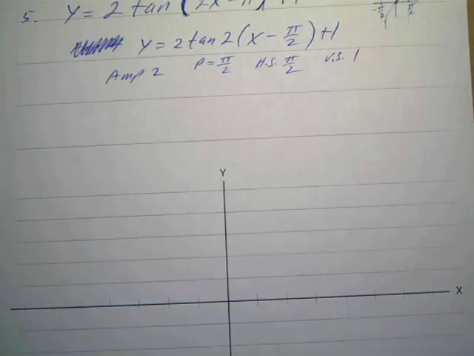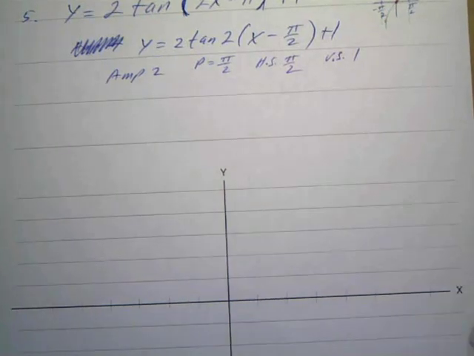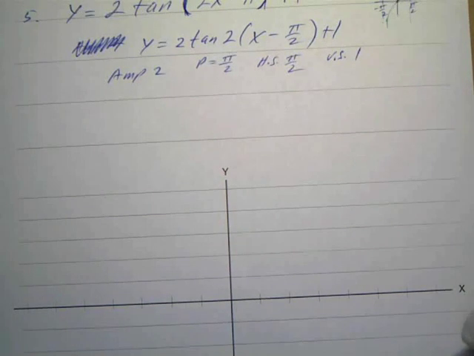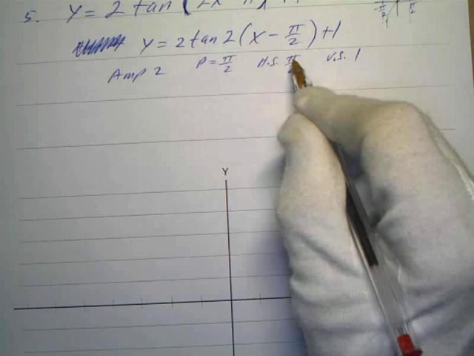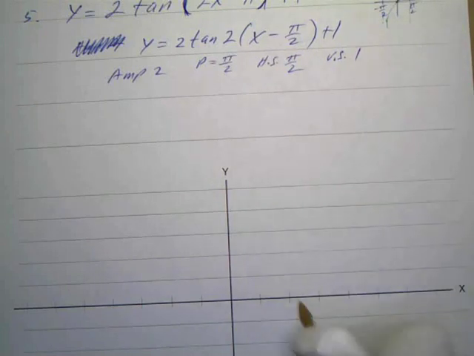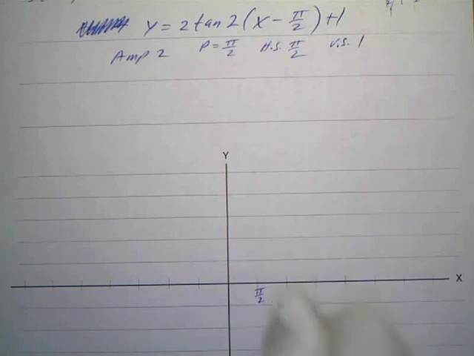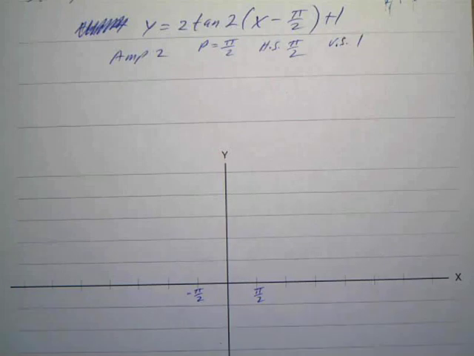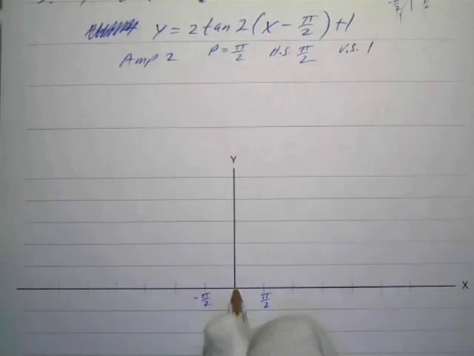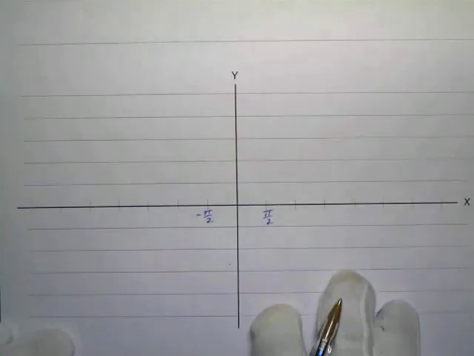Okay. So the period is going to be pi over 2, so let's take a look at the shift first. So let's call these pi over 2 like this. So this is what it normally looks like, and my 0 is here, and my asymptotes are here for tangent, okay?